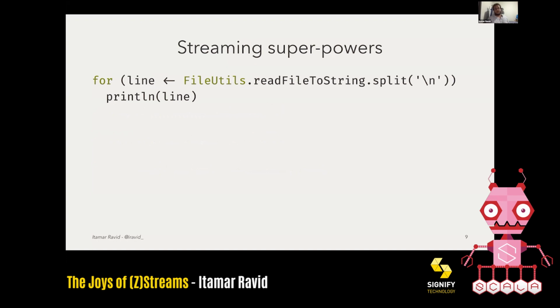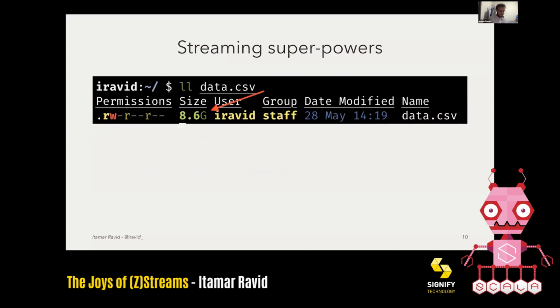Well, the only problem here is that if we try to run this on an 8 gig CSV we've received from a client in our ETL systems, well, that's not fun, right? That's not going to work. It's going to try to read 8 gigs of bytes into a string. That's not going to work because arrays can't hold 8 gigs of data. And that's just going to crash.